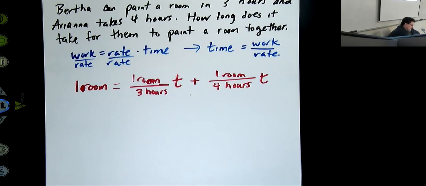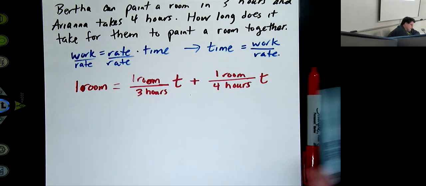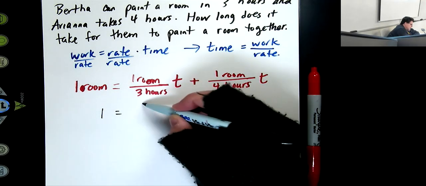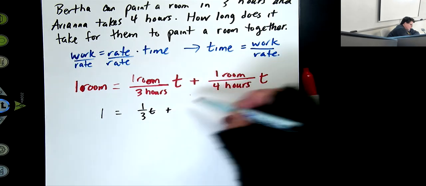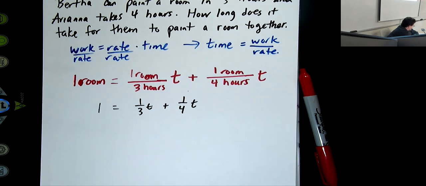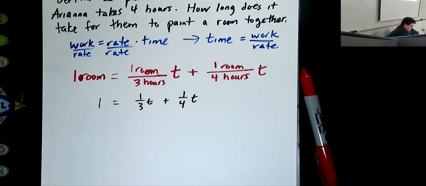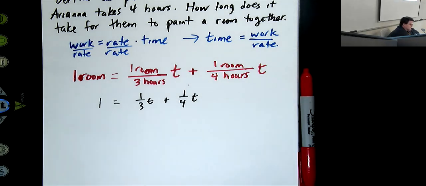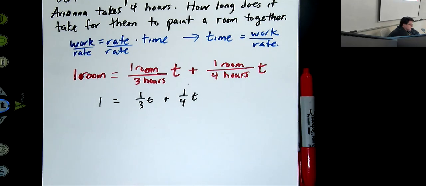So let's just figure out how much time it is. If I ignore the words for now, I've got 1 equals 1/3 T plus 1/4 T. What's the common denominator here? It's 12 again, right?